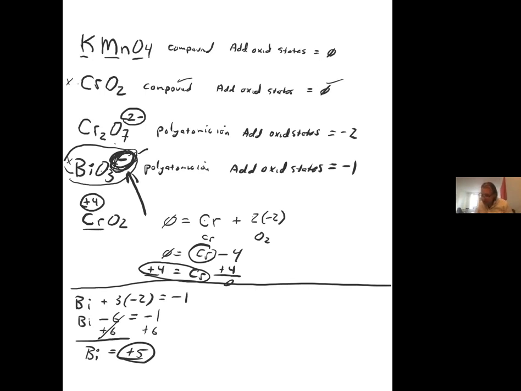Let's try the KMnO4 now. This one's more complicated because it has 3 elements, right? So here's how you deal with it. The way you deal with this is you recognize that you've got a metal here, and then you've got a polyatomic ion.